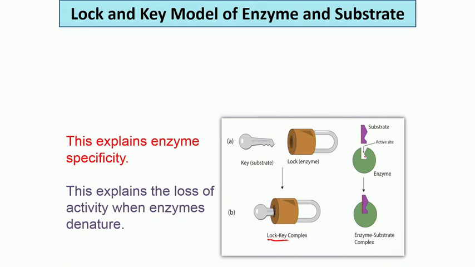So, this is the lock and key complex, and this is the enzyme and substrate complex. And then if you want to open, you have to do something, some energy here, and if you want to get a product, you have to do something on this substrate. So, that is the homology between this lock and key and the enzyme substrate complex.